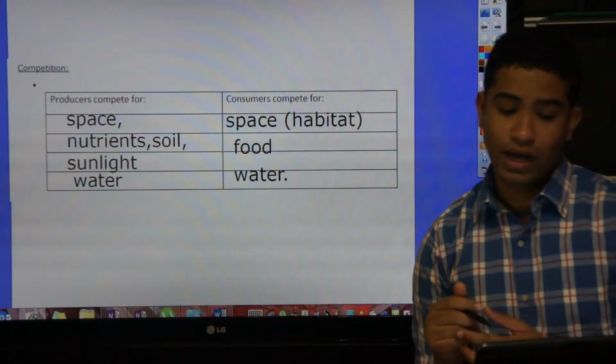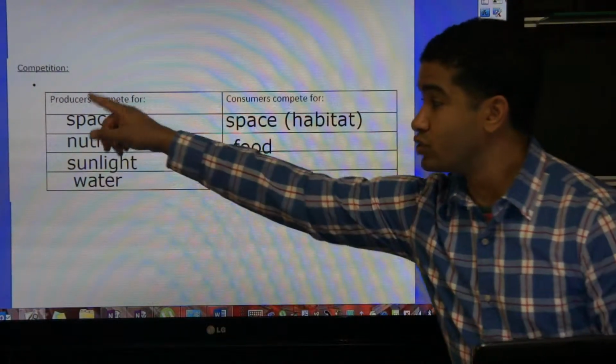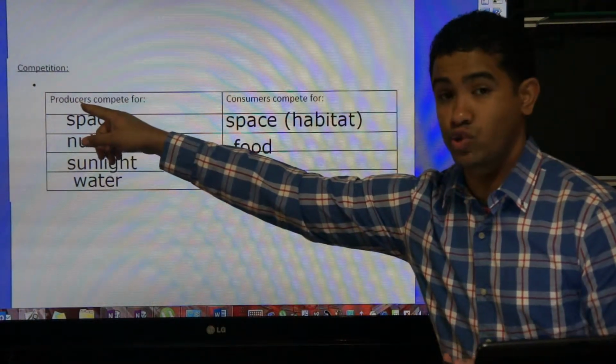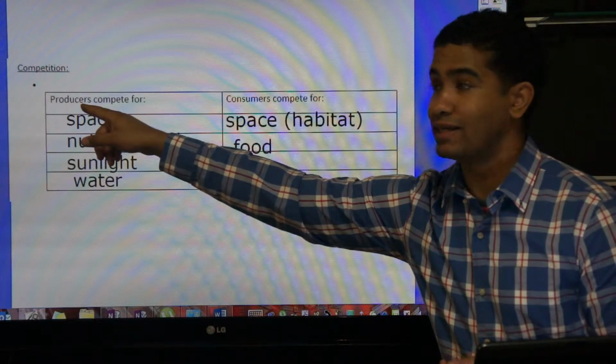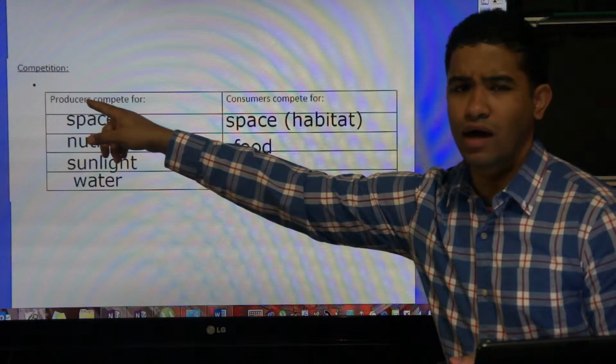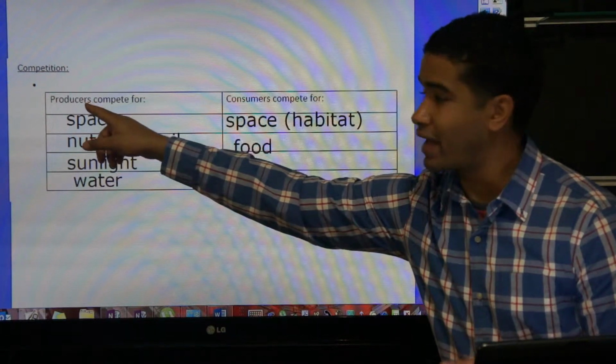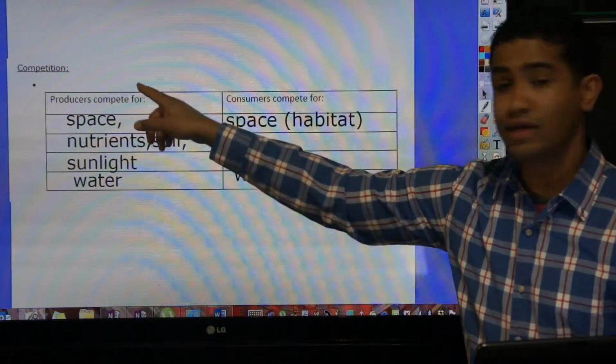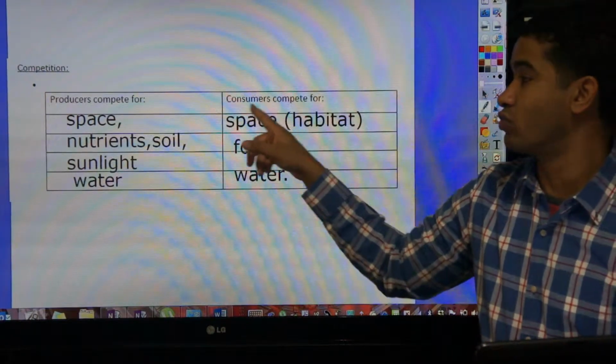Alright, so competition. Producers like plants, trees, phytoplankton, algae, grasses, banana trees all compete for things, as well as consumers.